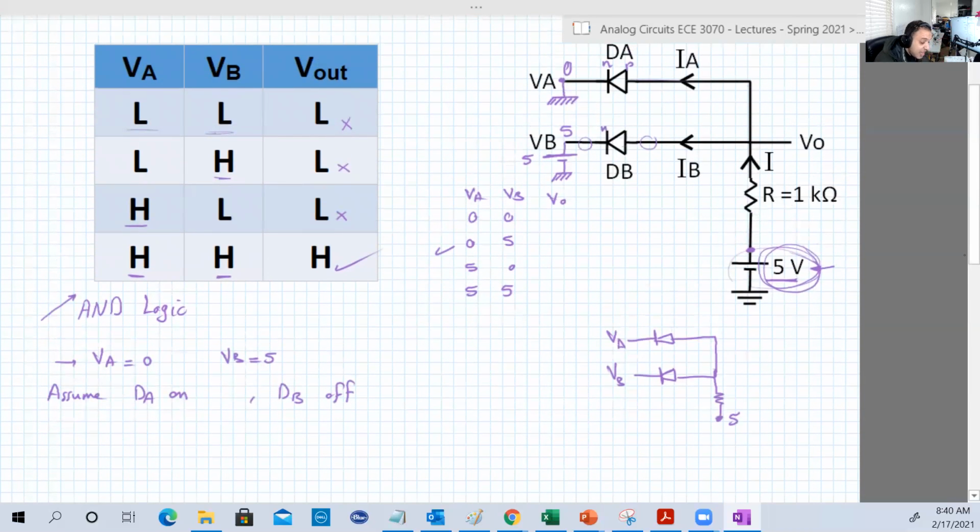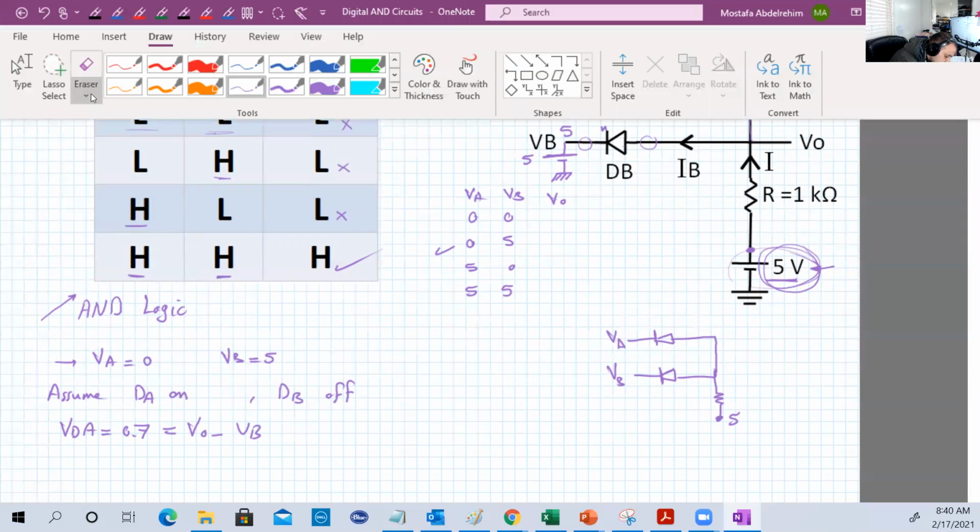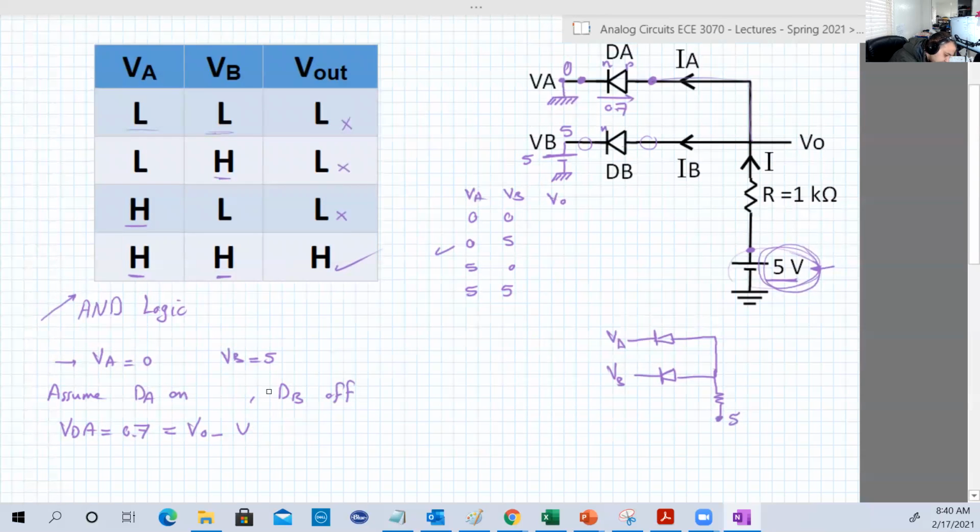So if we assume the A is on, then VDA is 0.7. So the voltage across A is 0.7 in that direction. And VDA is equal to this point minus this point, VO minus VA.